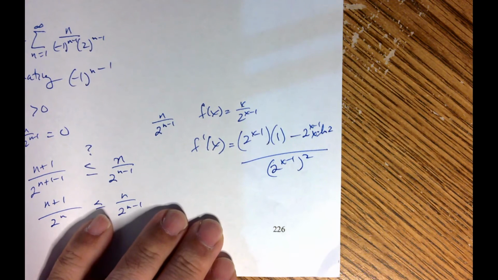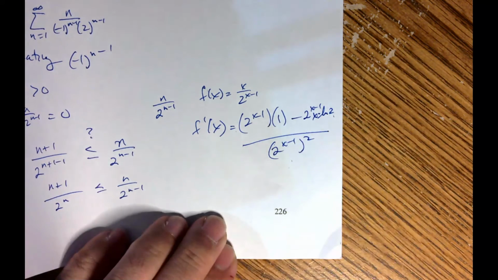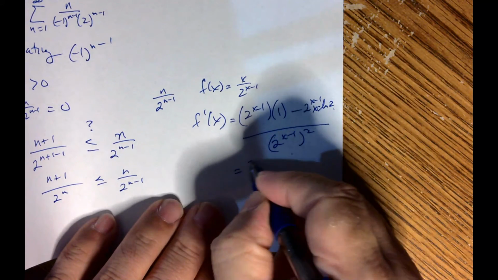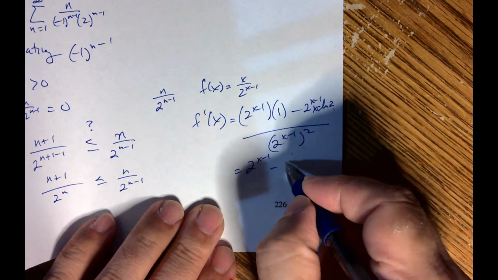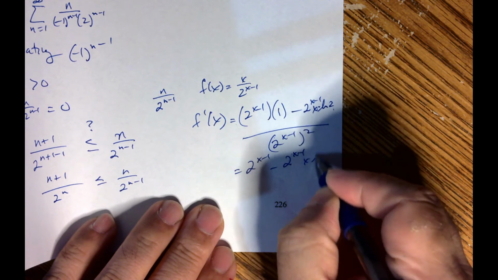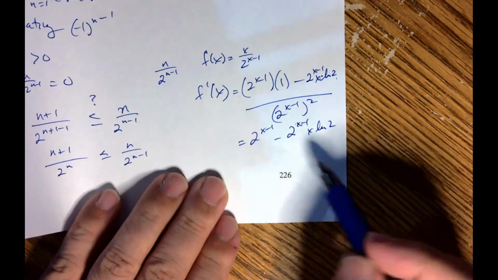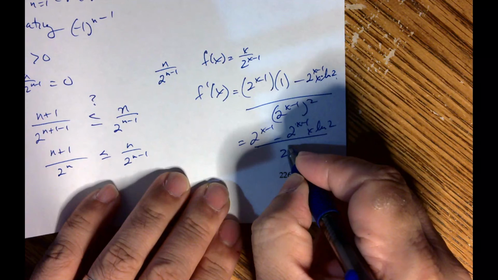All right. So now the biggest thing is, what is that numerator doing? So let's clean that up some. It's 2 to the x minus 1, minus 2 to the x minus 1 times x natural log of 2. I'm going to factor out 2 to the x minus 1. Oops, that's going to be 2x minus 2.